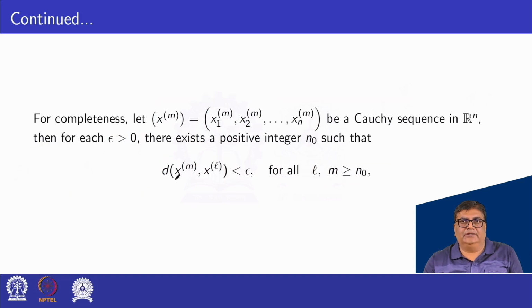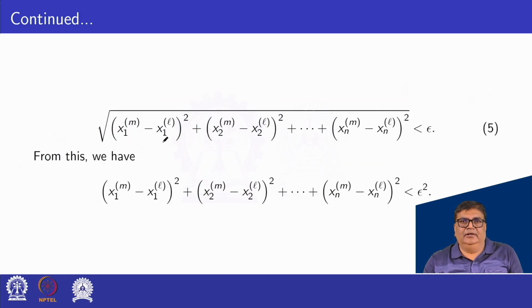So d(xm, xl) can be written as the square root of this. From this we have (xm1 − xl1)² + (xm2 − xl2)² + ... + (xmn − xln)² less than epsilon², squaring equation 5.